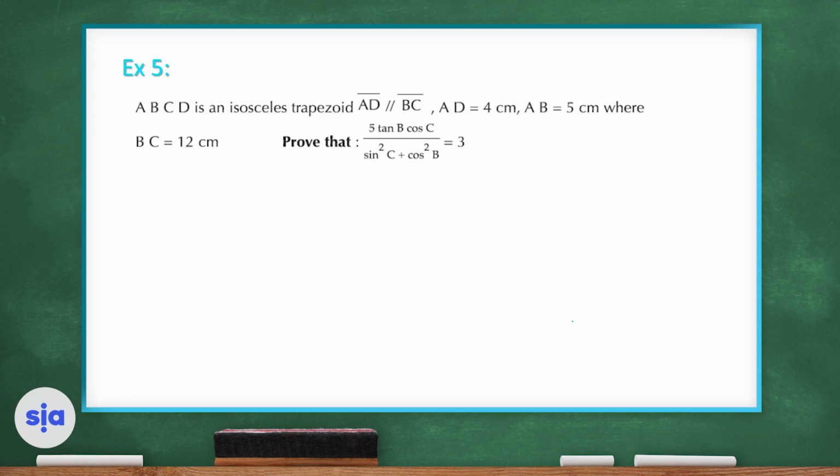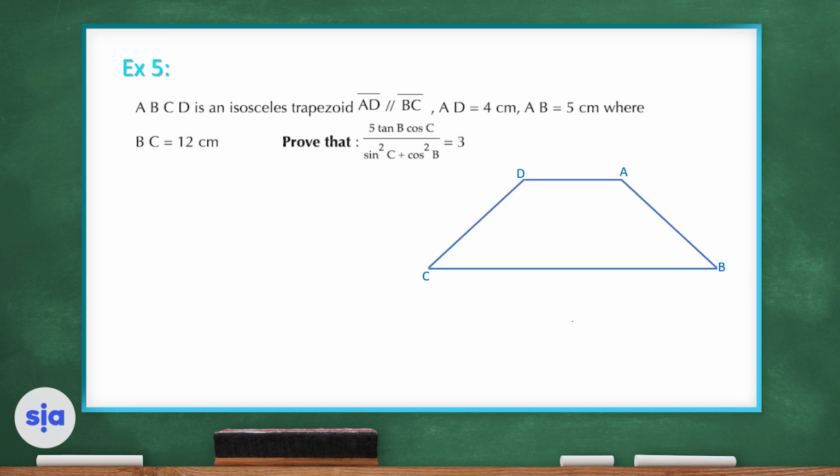Example 5 says, ABCD is an isosceles trapezoid, where AD is parallel to BC, and AD is 4 centimeters long, and AB is 5 centimeters long. And also, BC is 12 centimeters long. Let's now first go and draw the trapezoid.